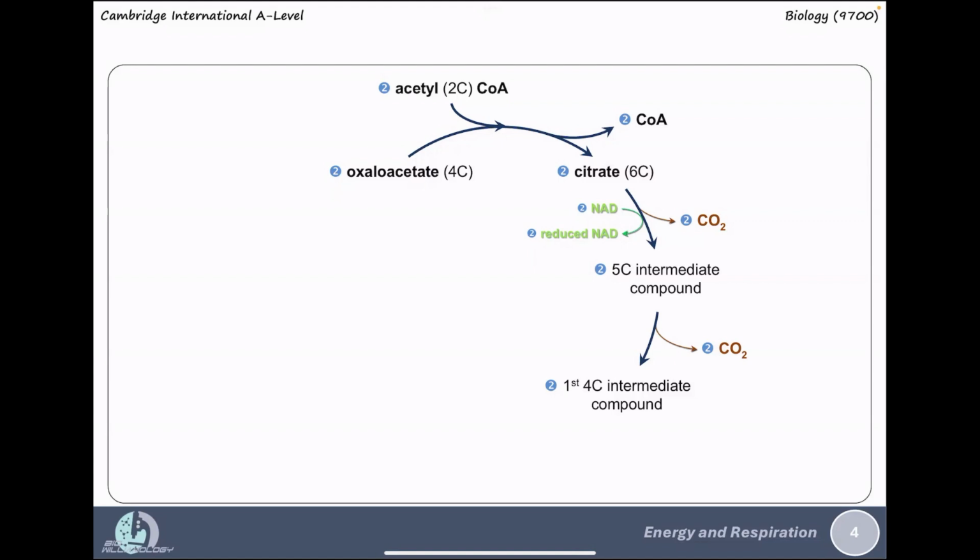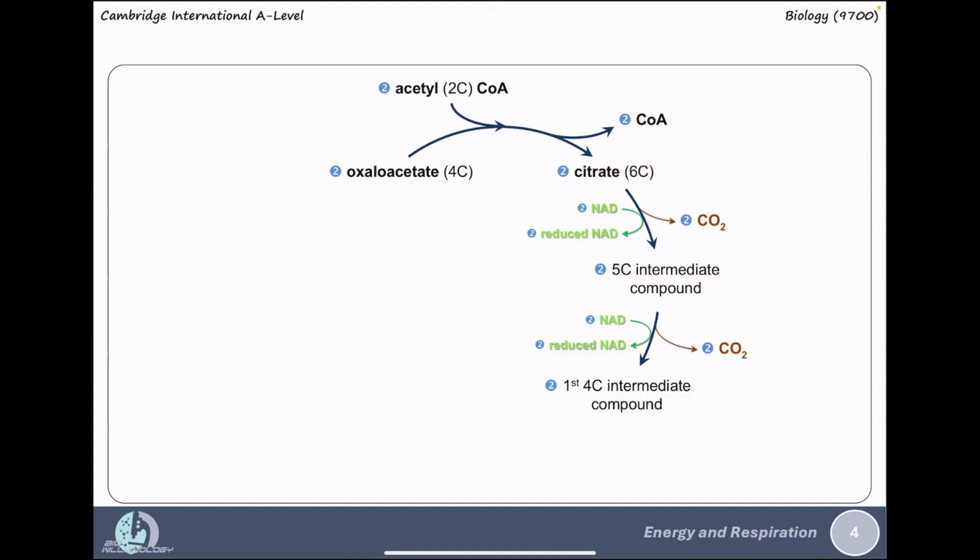And this decarboxylation occurs together with dehydrogenation. Therefore, NAD accepts hydrogen atoms from this 5-carbon intermediate compound to form reduced NAD. The resulting 4-carbon compound will again undergo a series of reactions to regenerate oxaloacetate.